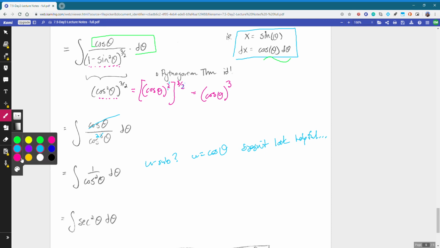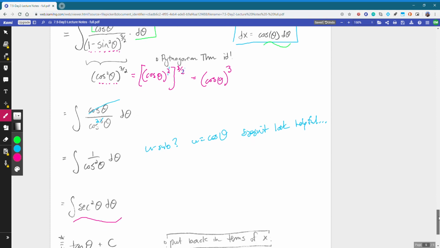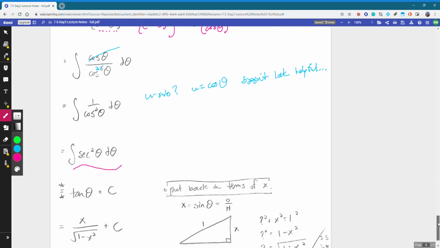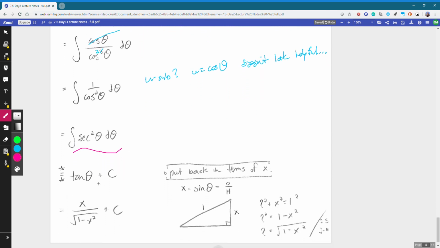And I claim we know how to integrate secant squared. And if you said tangent, that is spot on. This is actually just a known formula for us. The derivative of tangent is secant squared, and so the antiderivative of secant squared is tangent theta plus c.